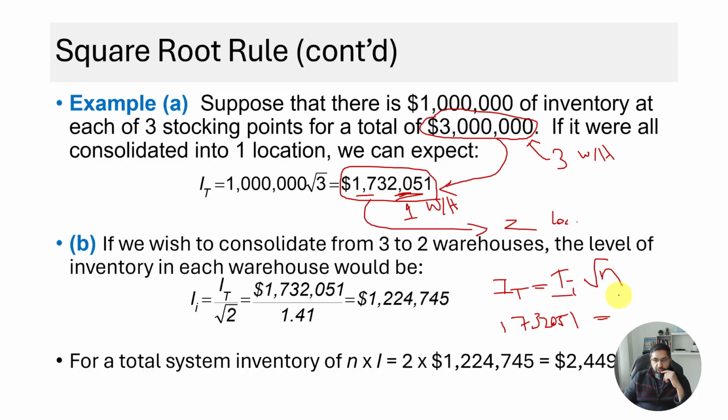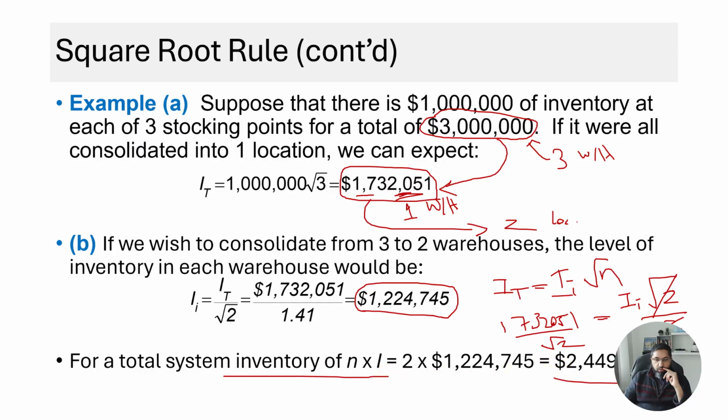We don't know what the inventory at each location is, but we know we have 2 locations, square root of 2. Then you divide both sides by square root of 2, so this cancels out into 1. So you get I of i equals 1732051 over square root of 2. And when you do that, you get that if you have 2 locations, each location will have 1.2 million in inventory, for a total system inventory of 2.449 million, about 2.5 million.